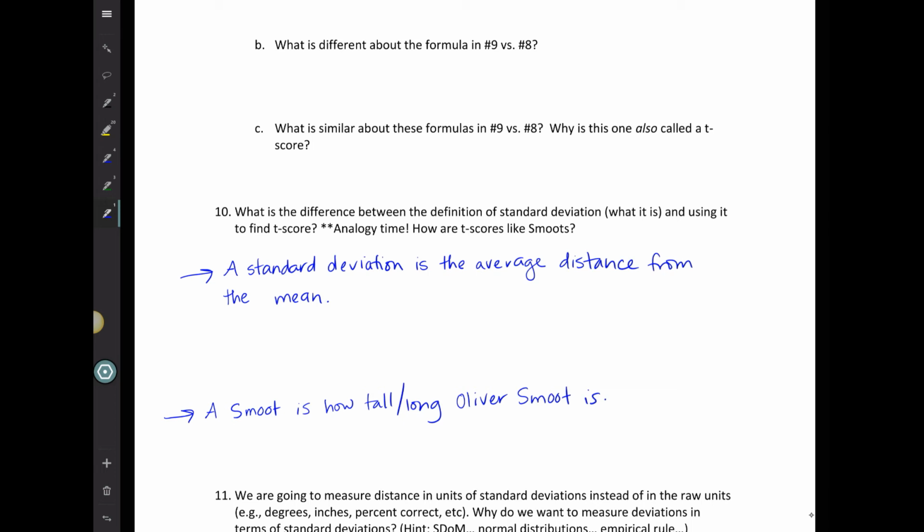So with the smoots, we talked about using those as a unit of measurement. Right? How many smoots will fit on that bridge? With our standard deviations, we're also going to be using it as now a unit of measurement.